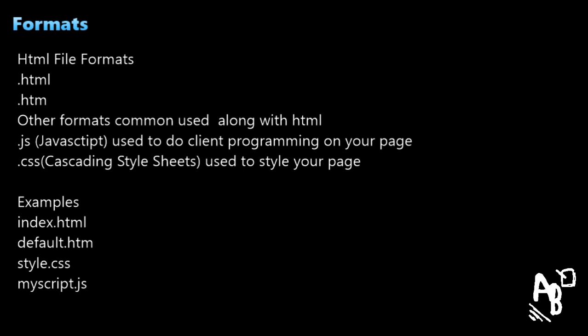Here are some examples of what these files will look like in your Windows Explorer: index.html, default.html, style.css, myscript.js, and that's what it would look like on your File Explorer.